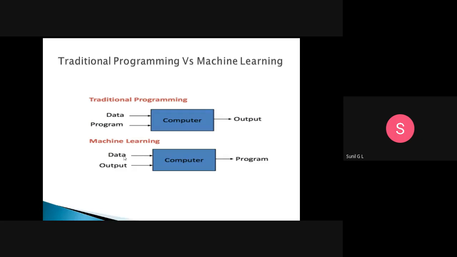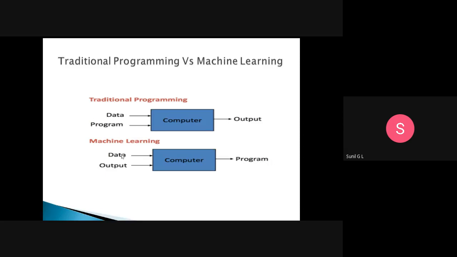The input is 10 and 20, and the output is 30. How does it get 30? When we add 10 and 20, we get 30. So it means I need to write an addition program.